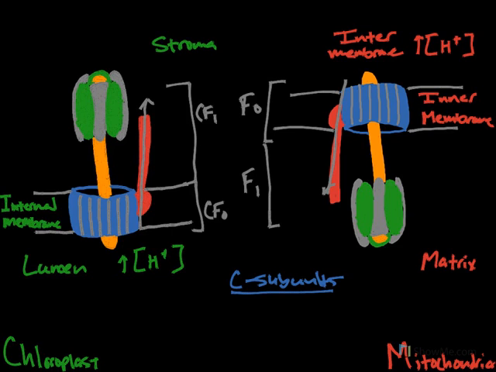The whole reason for causing this rotation is to cause rotations in this stalk that is connecting our F sub-zero particle and our F1 particle. This stalk in both is referred to as the gamma subunit, or the gamma stalk.